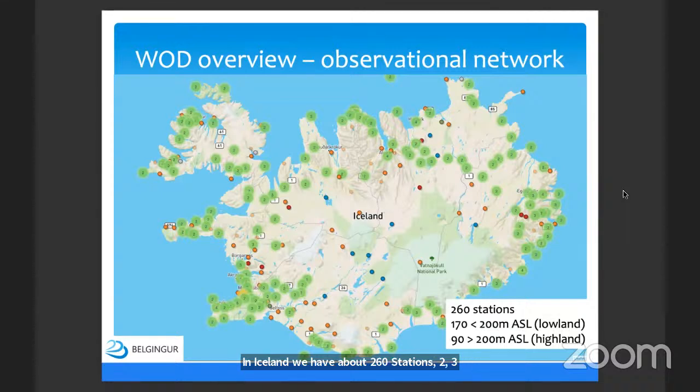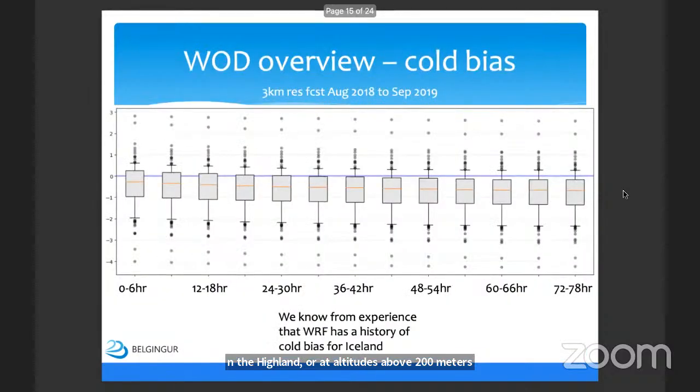Two thirds, we can say, are lowland, and a third of them are in the highland or at altitudes above 200 meters above sea level. And we have known for many years now that the Dwarf model has a cold bias for Iceland, certainly.